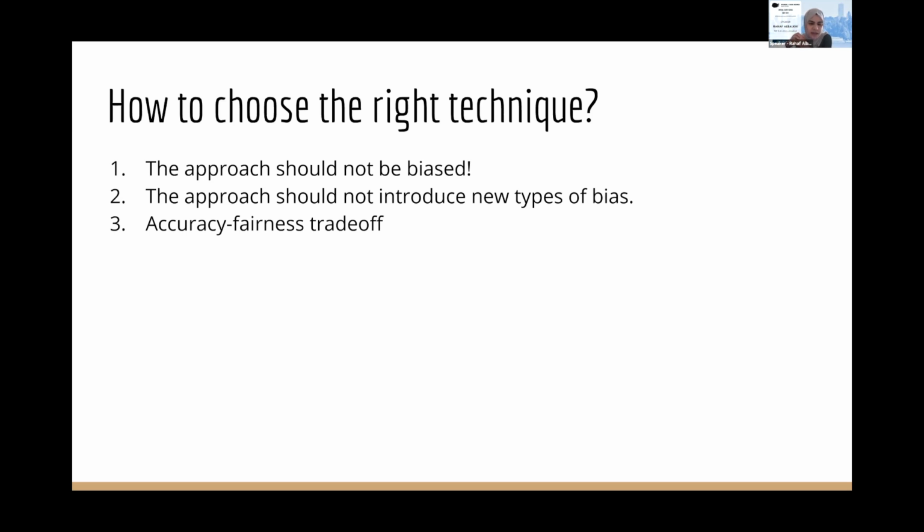And actually, the accuracy-fairness trade-off is something real. And that goes well also with the definition of bias that is related to robustness. So if our algorithm is not robust enough, and we're trying to make it more fair, which is more robust, that means we're going to have better accuracy.